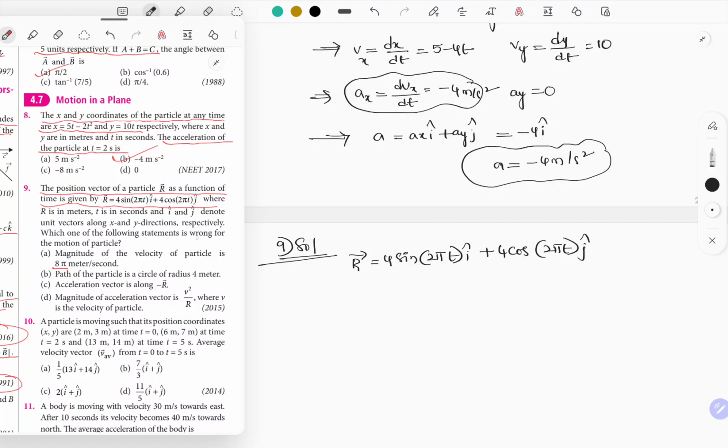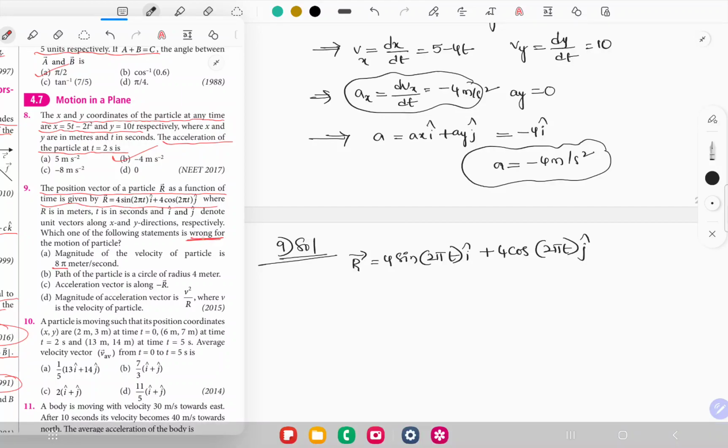Which one of the following statements is wrong? We have to find out the statement which is wrong for the motion of the particle.